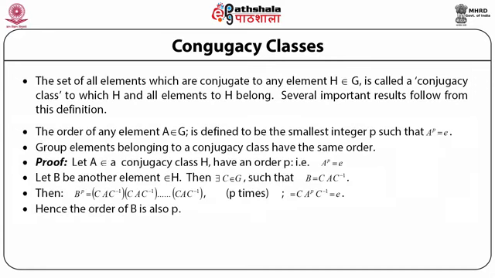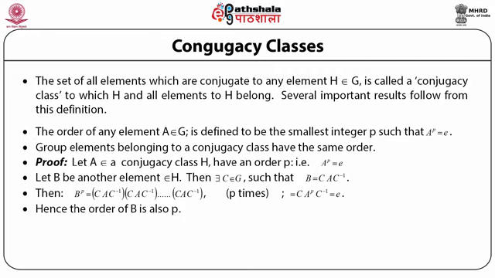Number one, the order of any element A in the group G is defined to be the smallest integer p such that the element raised to the power p is equal to the identity element, A to the power p is equal to E. That means the group elements belonging to a conjugacy class have the same order.